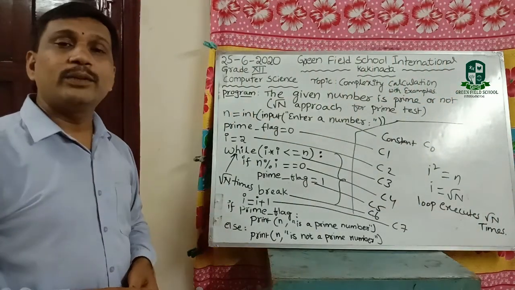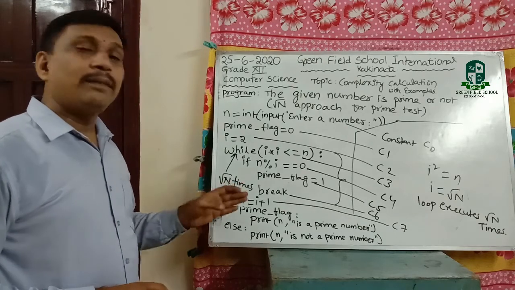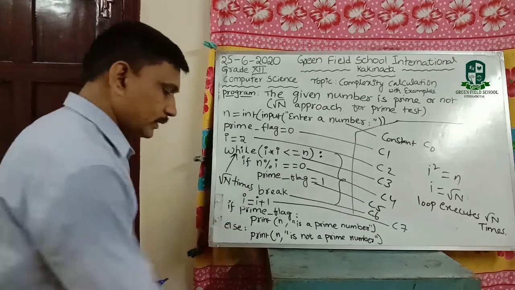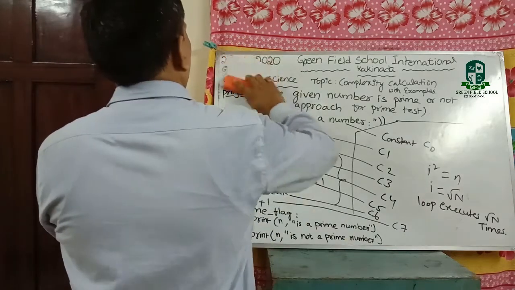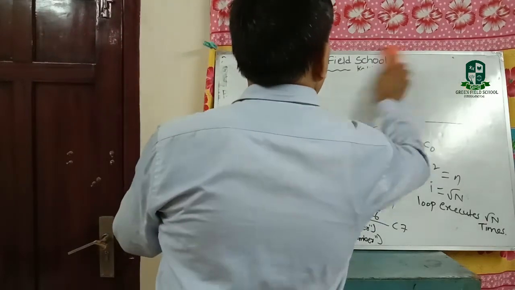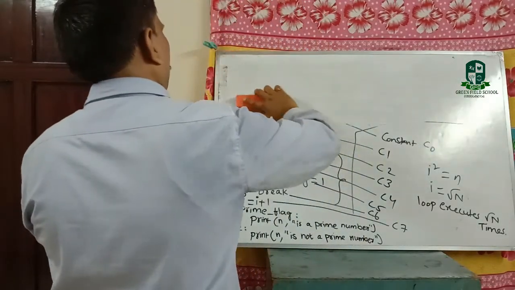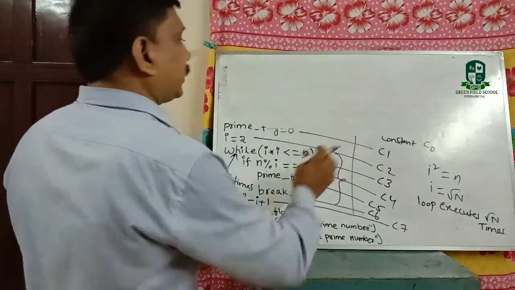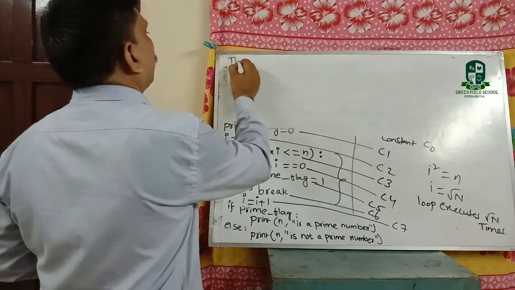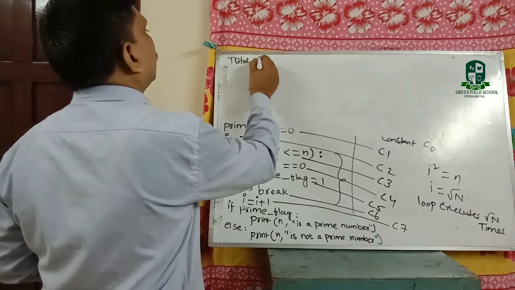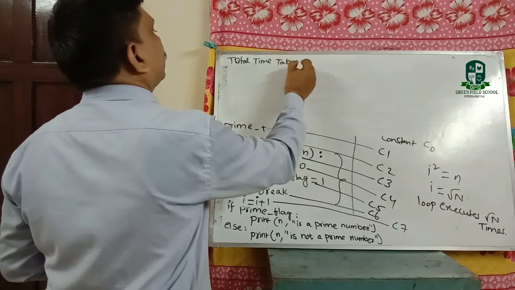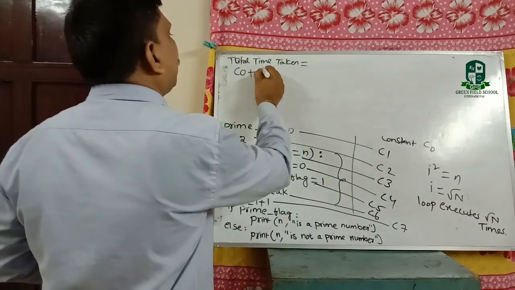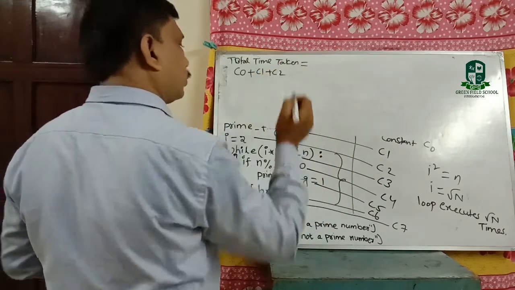Next, finally we calculate the time taken to execute this program. For the first statements, the total time taken is C0 plus C1 plus C2.